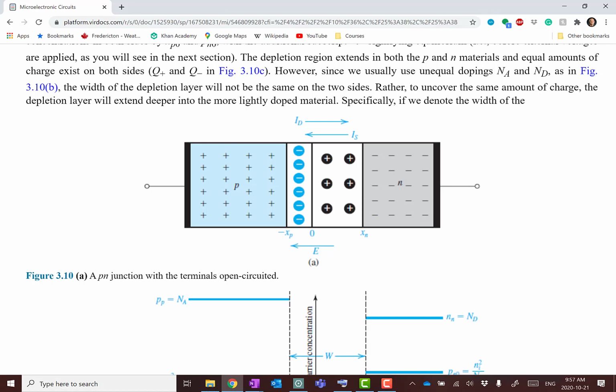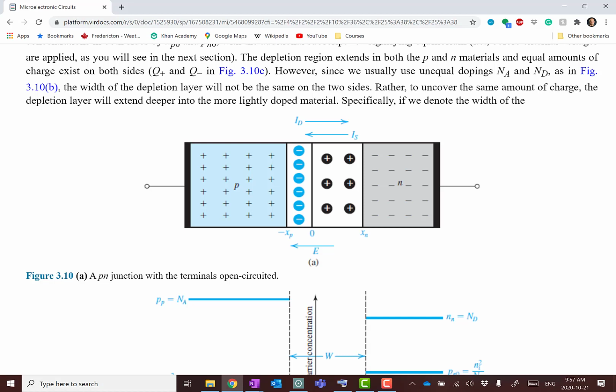But just to briefly note, the reason for the larger width as depicted in this diagram of Sedra/Smith in the N region is because we're assuming that the N region is more lightly doped, so there's fewer majority carriers.